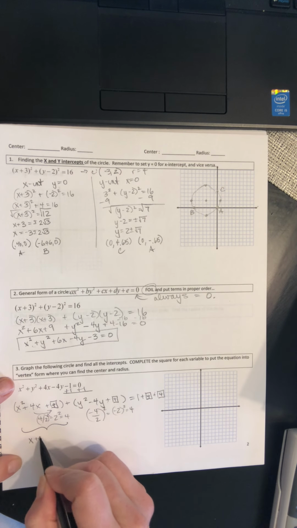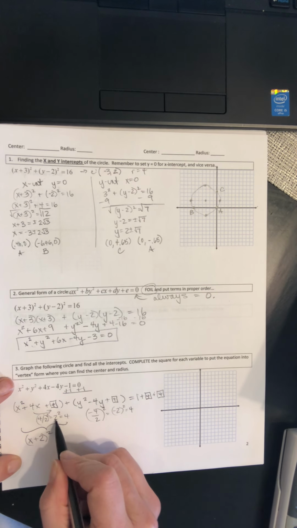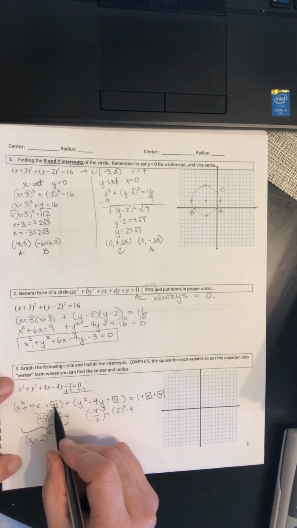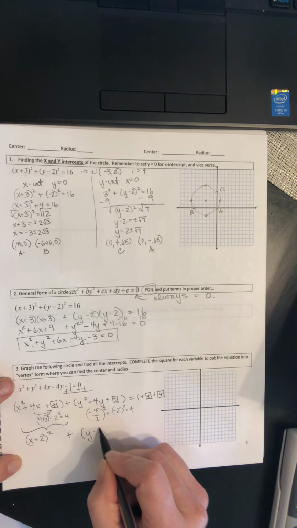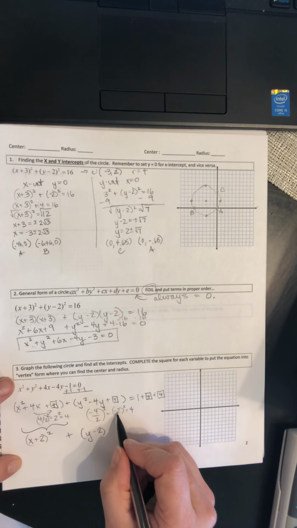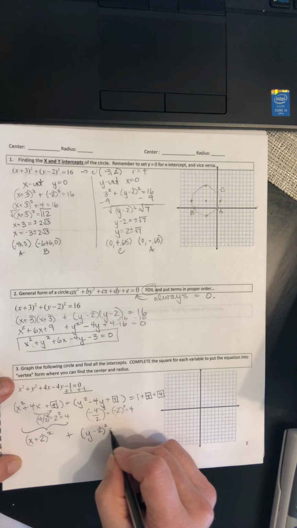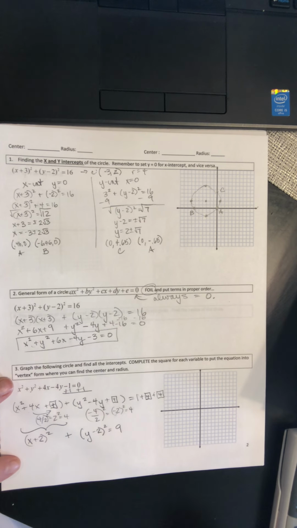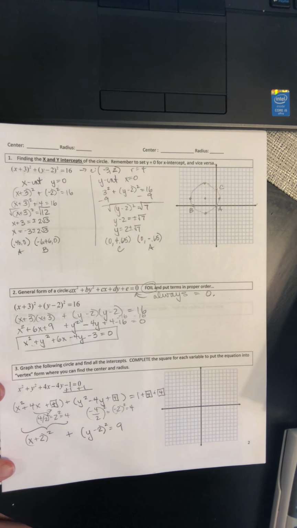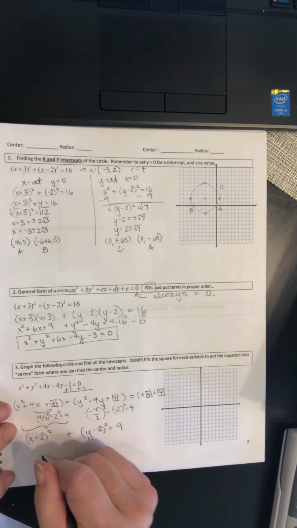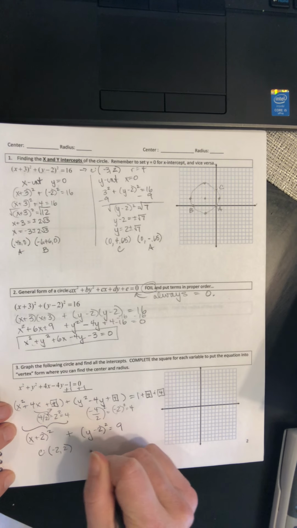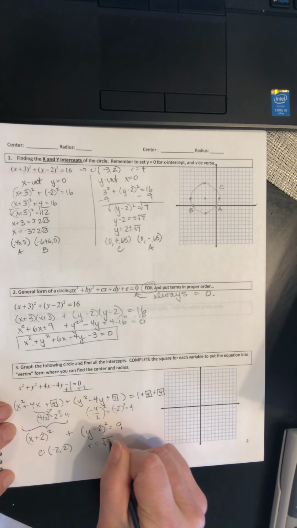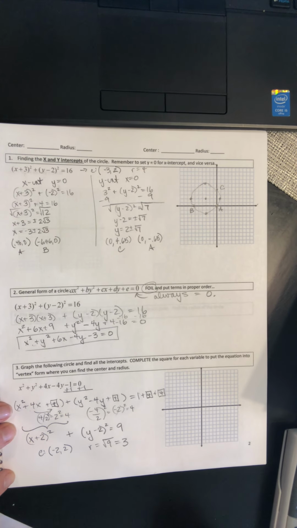So this is x plus 2 squared, because I squared a +2 to get that 4, plus y minus 2 squared, because I squared a -2 there. And then over here I'm left with a 9, okay? Now, because I transformed the equation, I can find the center and the radius. The center would be -2, 2, and the radius would be the square root of 9, which is 3, okay?